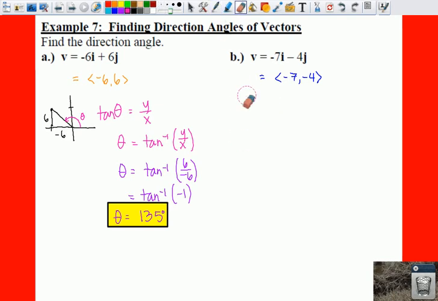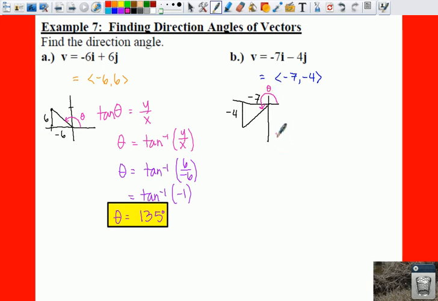It's not in quadrant 4, it's going to be in quadrant 3. So let's draw this in quadrant 3. Let's go back 7, down 4. And we're going to find our theta, which is going to go all around here.